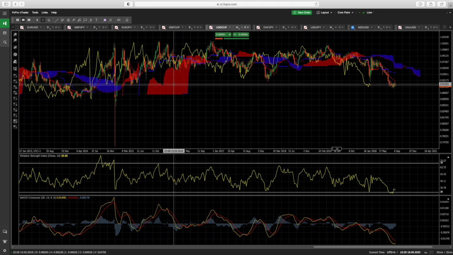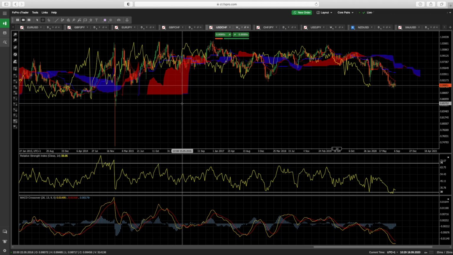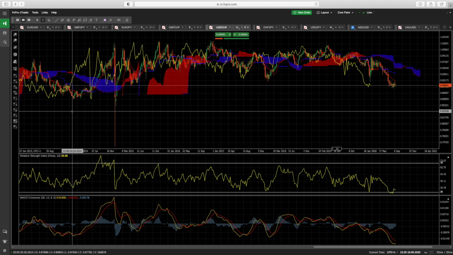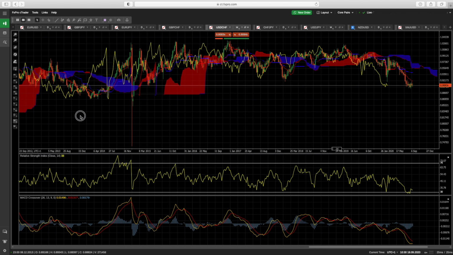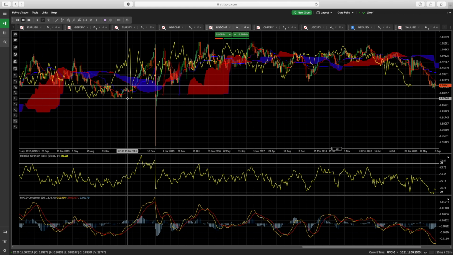Once you set up the trade and you're happy with it, it conforms to all your strategy. You set in your stop loss, you set in your take profit, and then all you need now is just to keep tabs on the trade. So let's just scroll this chart to the left a little bit. We're still on the weekly. 0.86, 0.87 will be a good point to put in your take profit, and maybe then adjust this as the trade moves in your favor.